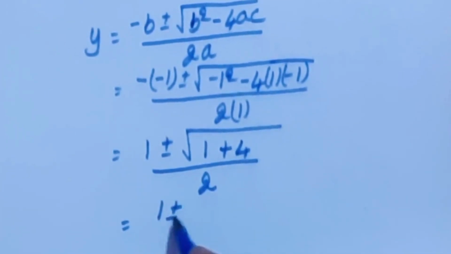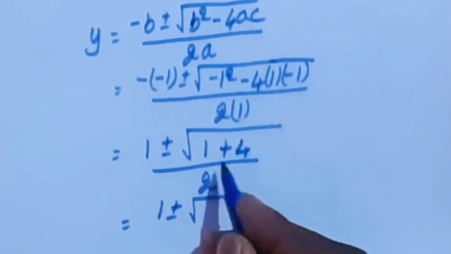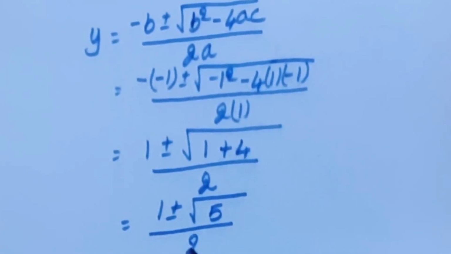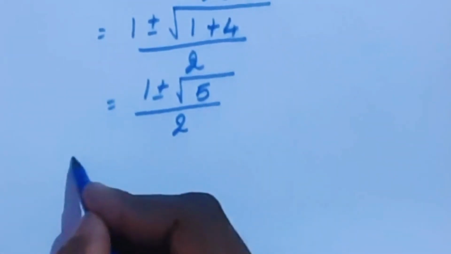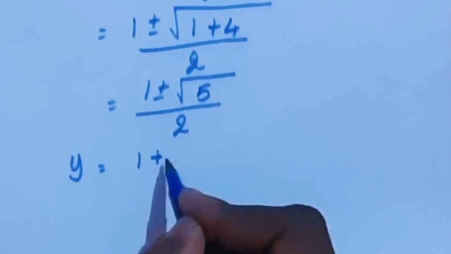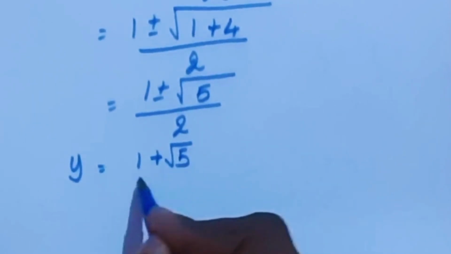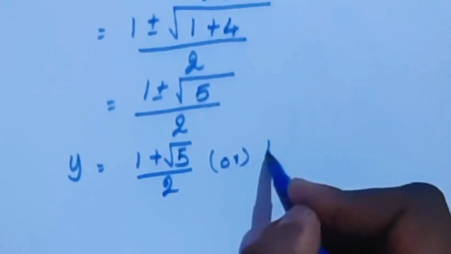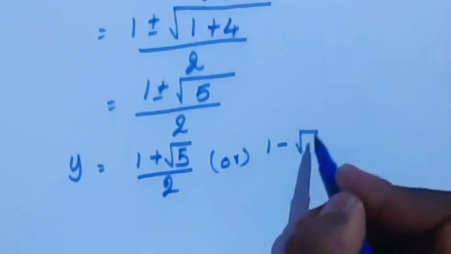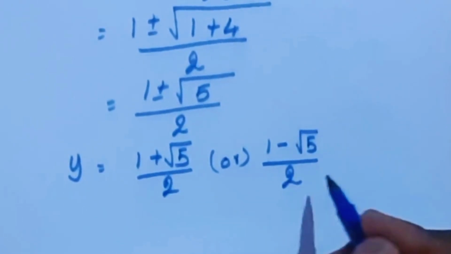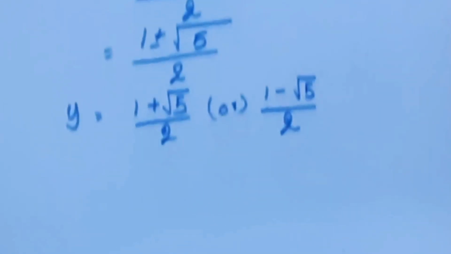Now 1 plus or minus square root of 1 plus 4 is 5, by 2. Here y equal to (1 plus square root of 5)/2 or (1 minus square root of 5)/2.